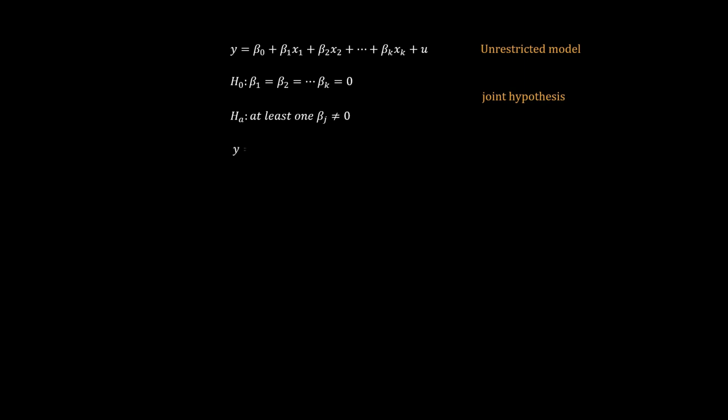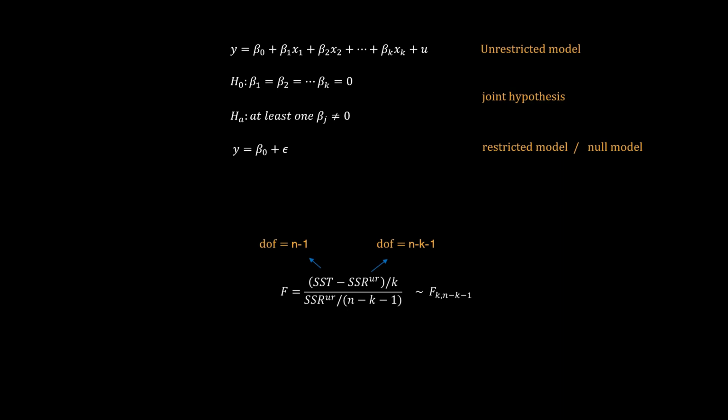The restricted model would only have the intercept, which is devoid of any regressor. Recall that SSR for a null model is the same as SST. So we get the F statistic for the whole model as this.